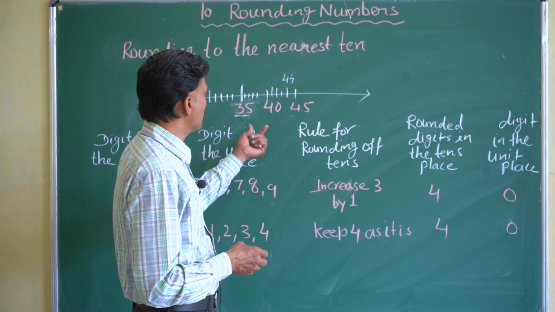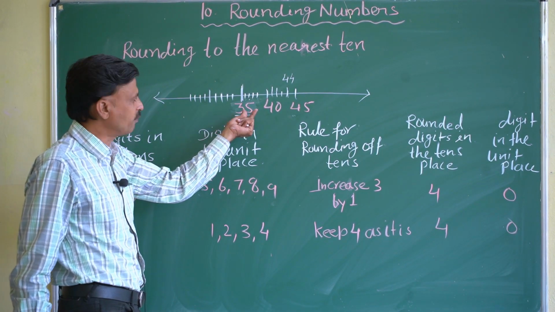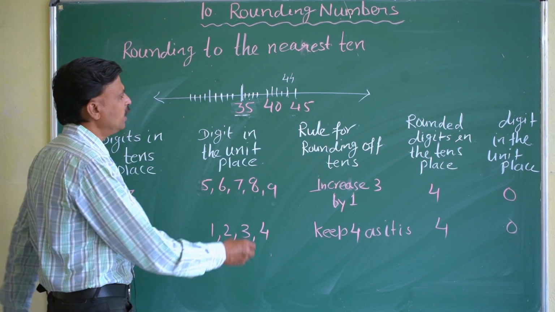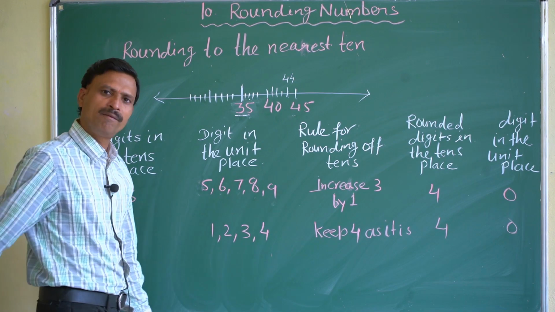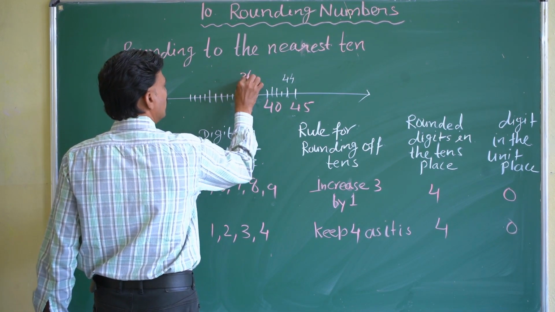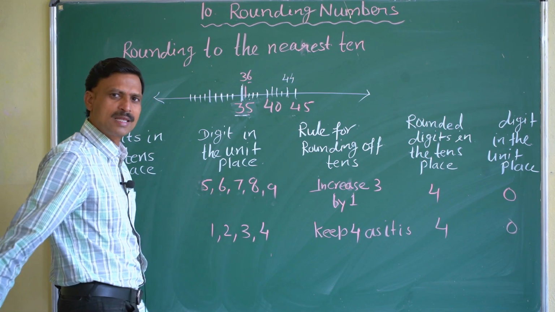For example, when we round off 35 to the nearest 10, it gives 40. Why? Because its unit place is 5. And similarly, if the number is 36, this is also nearest to 40 and the unit place value is 6.